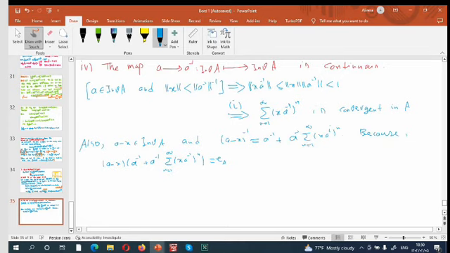A multiplied by this equals this series. Then x multiplied by this equals minus x multiplied by the inverse of A, and finally minus x A^-1 multiplied by this series.